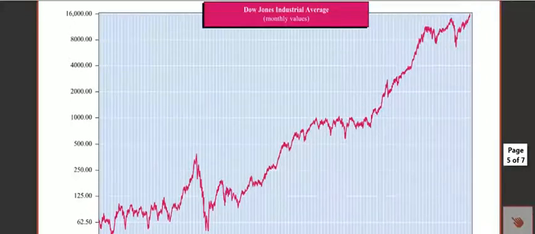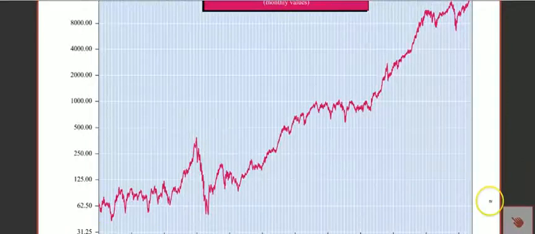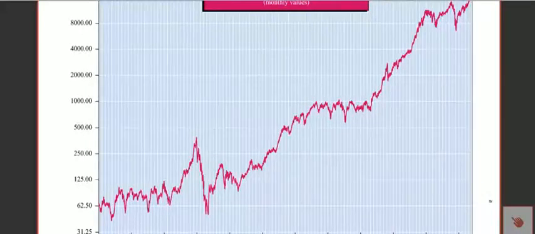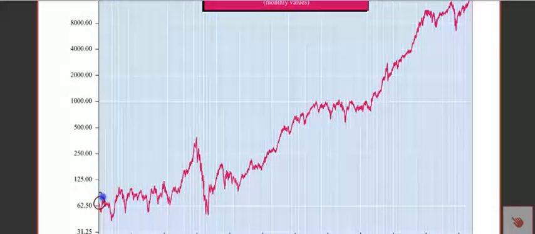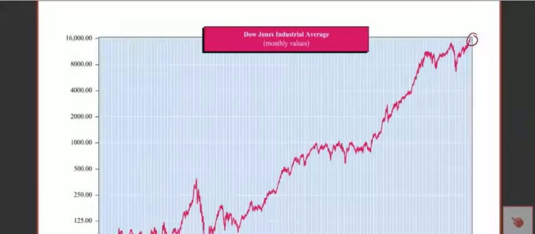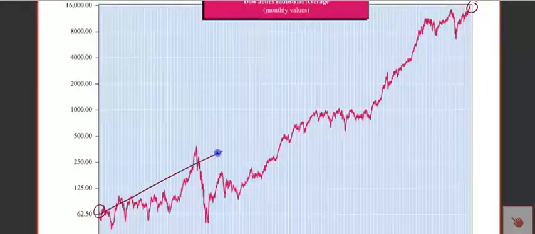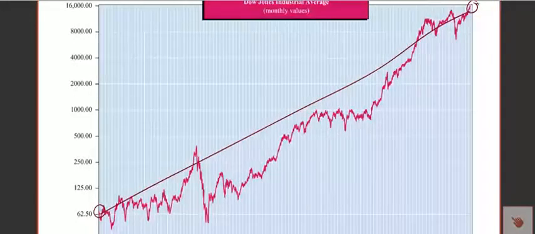So looking at the trends in the stock market over a long period of time, what do you notice about this graph? If you were to look at point A here at the beginning and point B here at the end, and you drew a line between those two, then you would notice that historically stocks have gone up. They have risen.